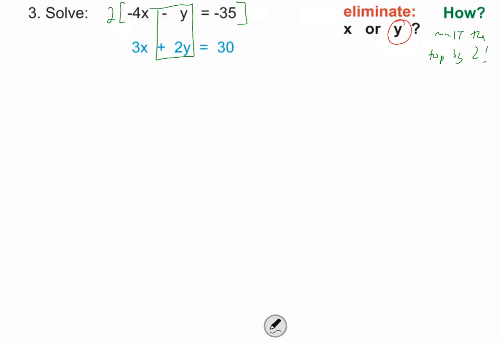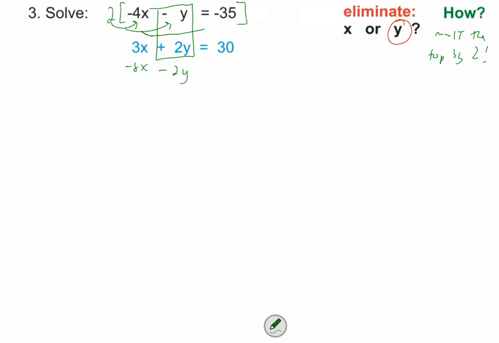We are going to get a new equation. Now we have to distribute. 2 times negative 4x is a negative 8x. 2 times a negative y is a negative 2y. Now look, here's the common mistake.